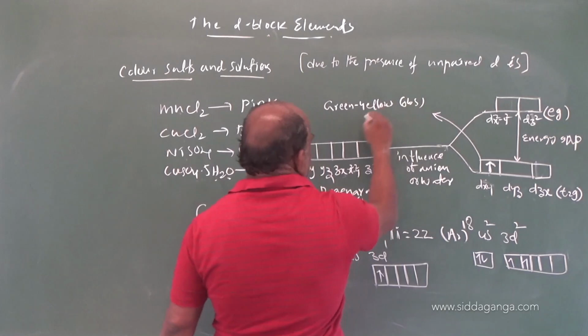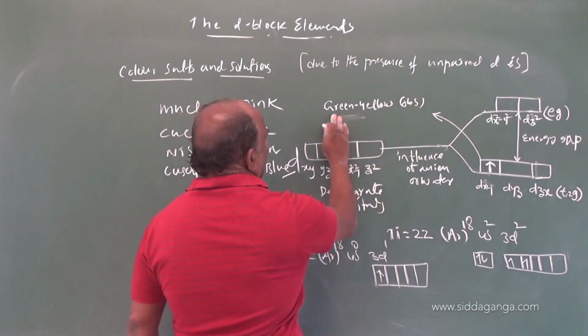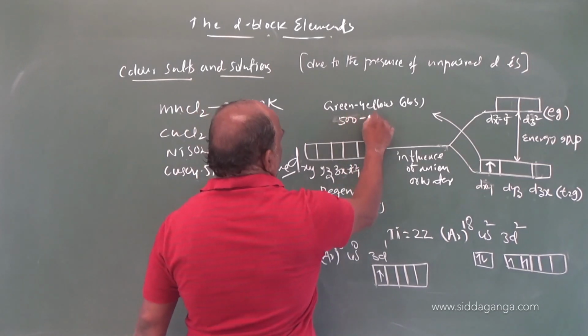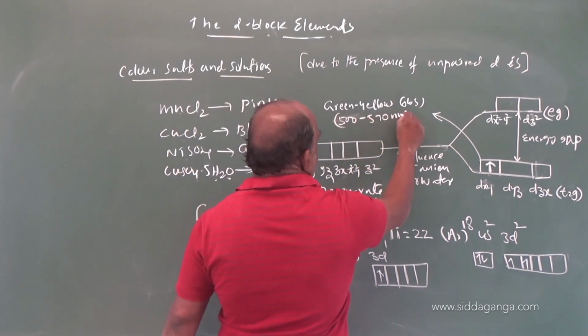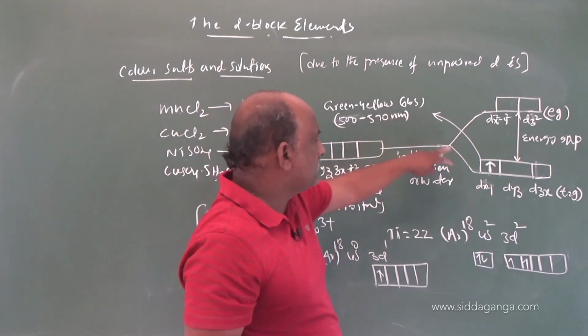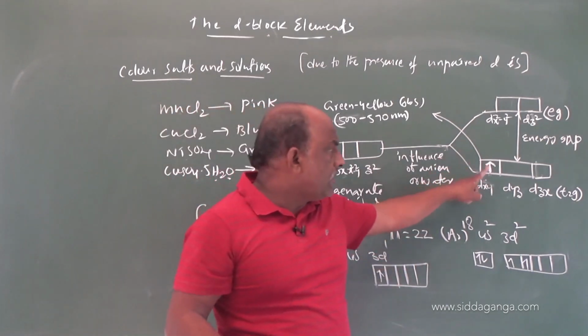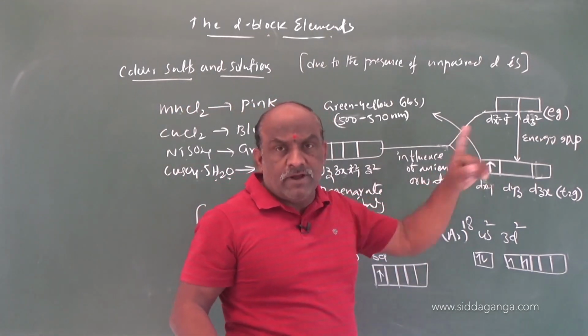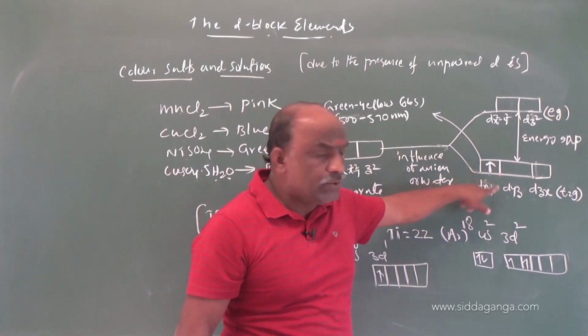The wavelength is nearly 500 to 570 nanometers. Listen carefully, this is the only one unpaired d electron, which is present in the T2g orbital.